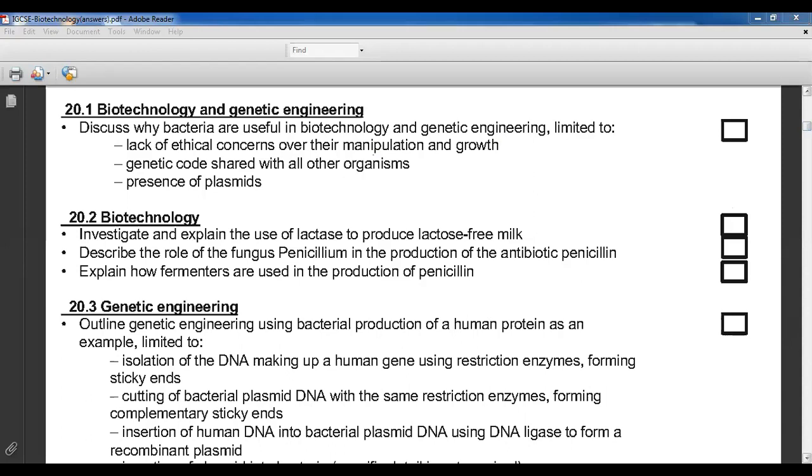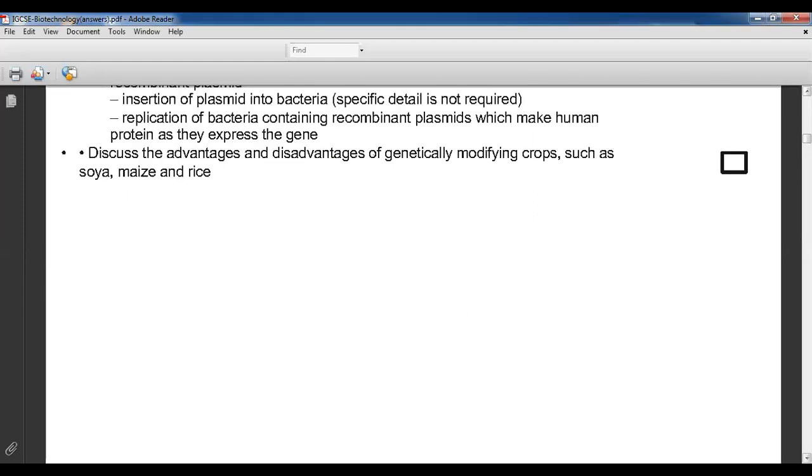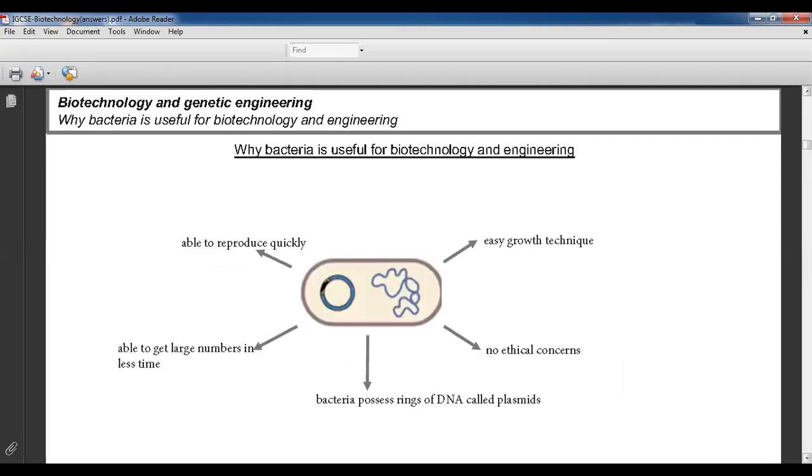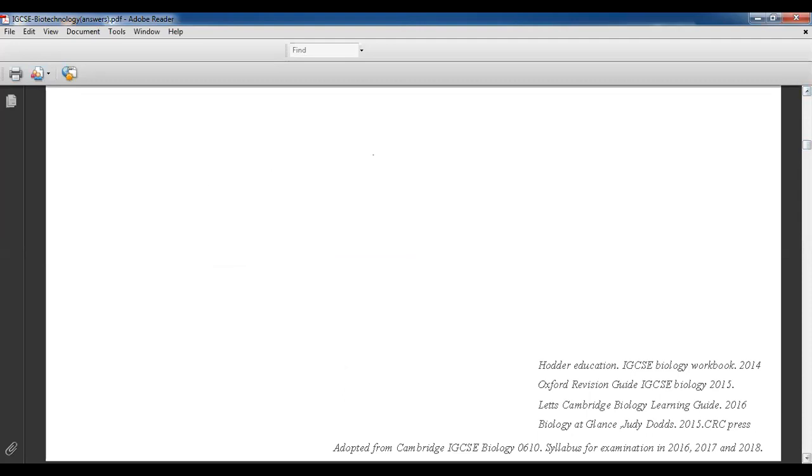All these processes we will discuss. Then we will discuss the advantages and disadvantages of genetically modified crops such as soya, maize and rice. I will also discuss exam type questions, and I will discuss their answers with you.